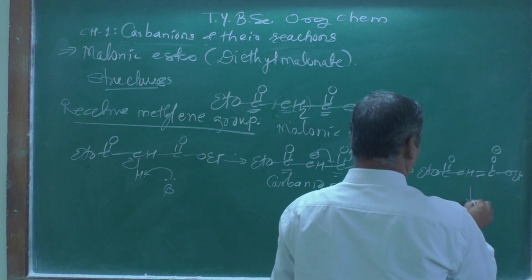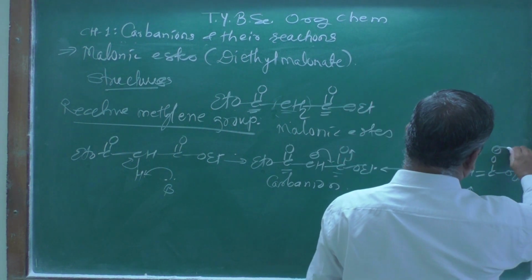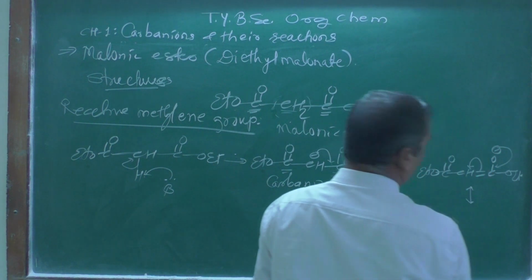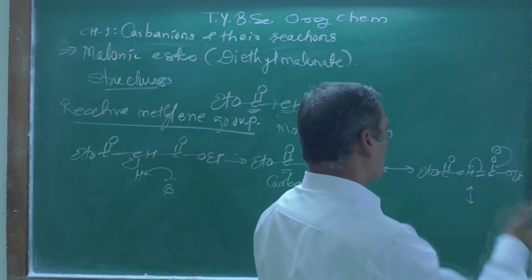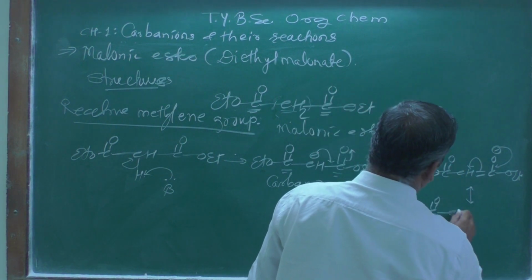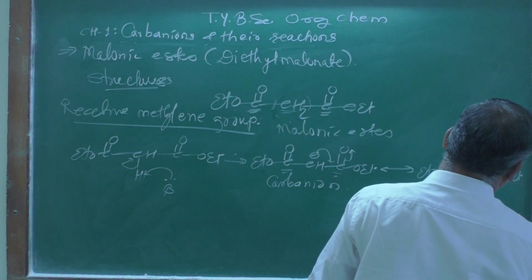And another way you can draw this resonating structure, again this negative charge coming over there, and then again the negative charge resting on that carbon atom: EtO, C double bond O, then CH minus charge, then C double bond O, OEt.